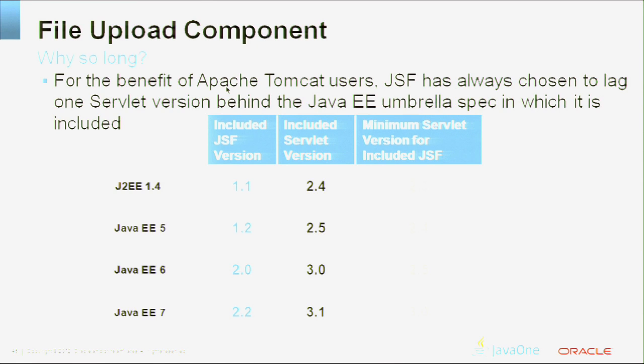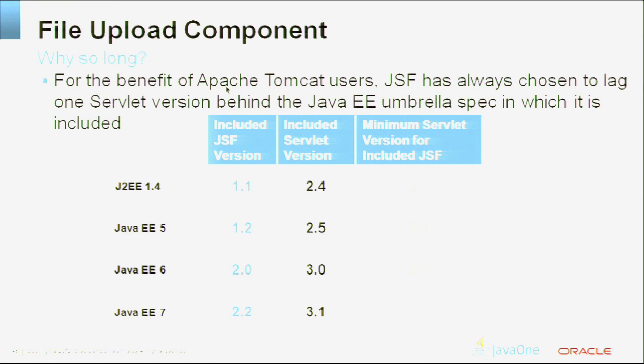For the benefit of Apache Tomcat users, JSF has always chosen to lag one servlet version behind the EE umbrella spec in which it is included. Because we know that Tomcat is very widely used, and we want JSF to be also widely used, we've chosen to not really put things in there that would restrict the set of people that can use it.